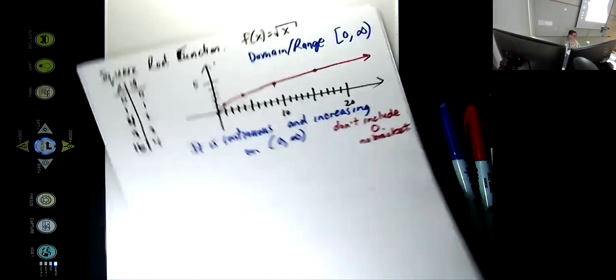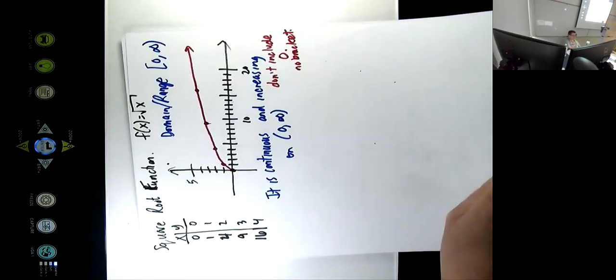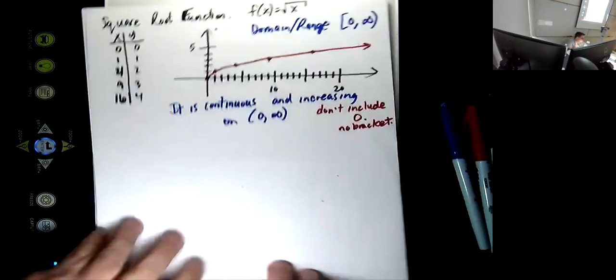You'll notice if you rotate this, it looks just like x squared. Square root and x squared look like rotations of each other, although it's missing the other side. We'll discuss why that's the case later on. There is a reason for it.